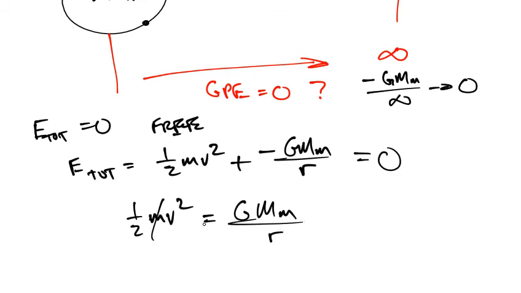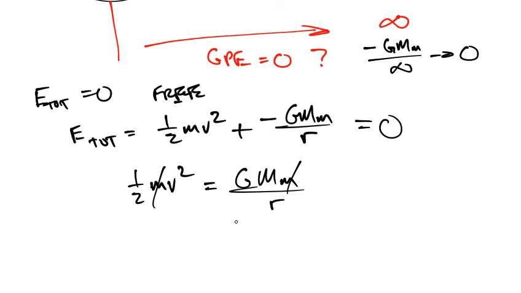And we can cancel that m and that m. Those are the same two m's. And we can take the 2 and put it up there and take the square root to solve for v. So now it just becomes v equals the square root of 2GM all over r. And that is the escape velocity.